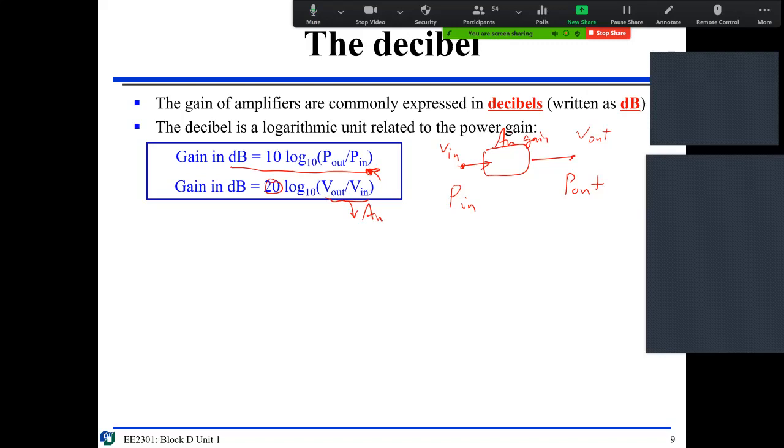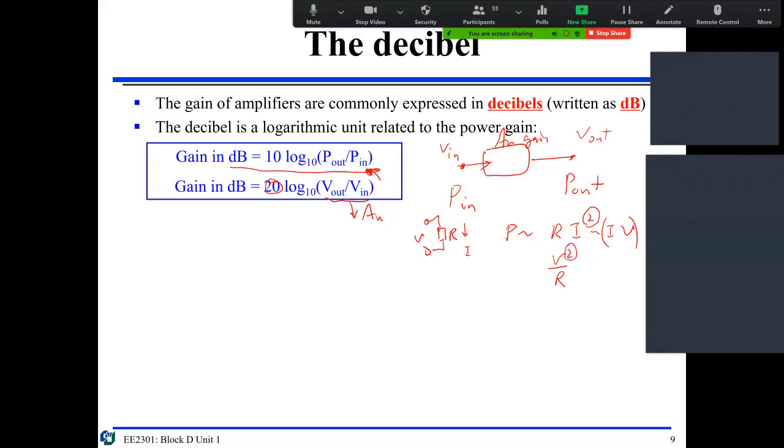Remember, if you have a resistor here, this is R, you have V, and going through you have I. So what's the power? Power is R I square or V square divided by R, right? So basically it's I times V, right?